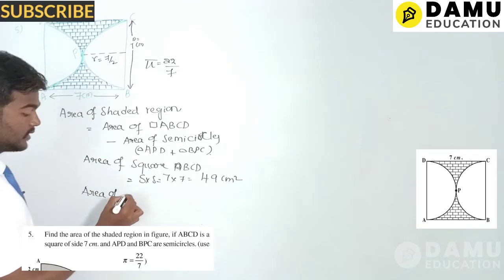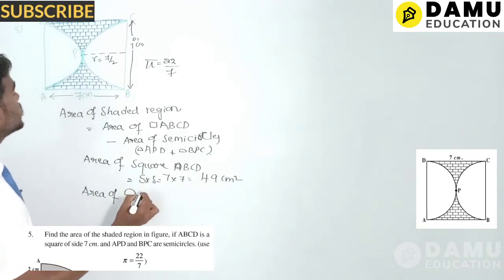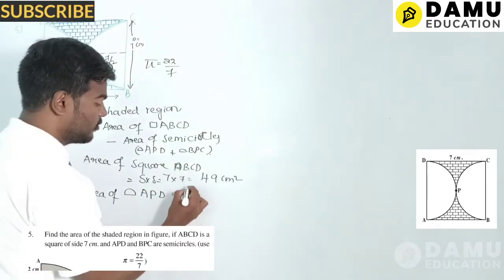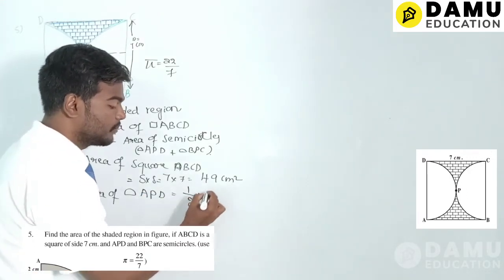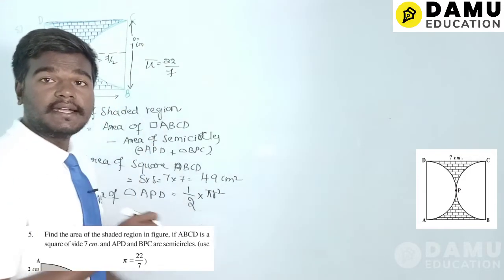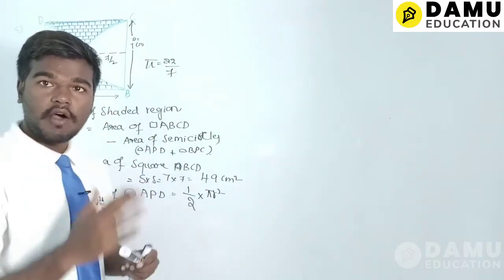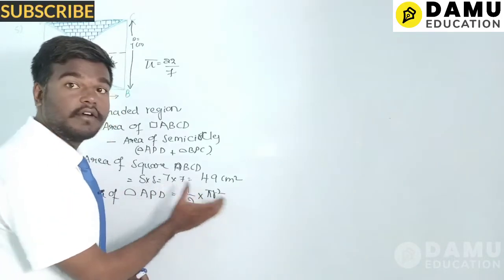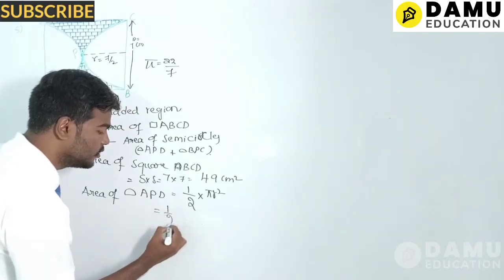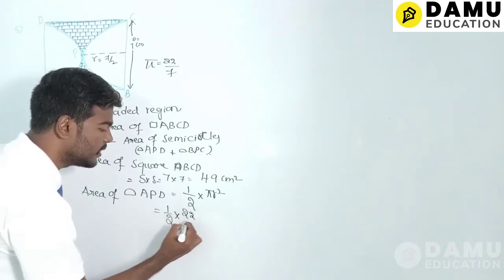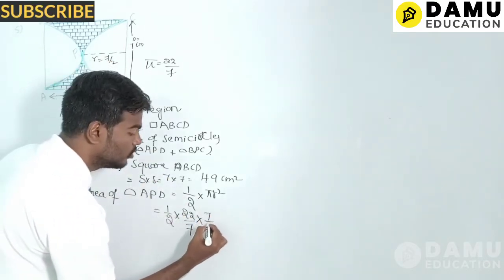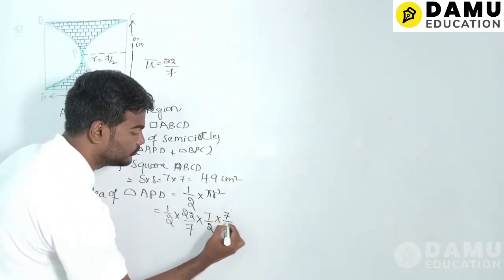Area of semicircle APD will be equal to half into pi r square. Semicircle means half circle, so we need to take half of the area of the circle, that is pi r square. So 1 by 2 into pi, which is 22 by 7, into radius 7 by 2 into 7 by 2.